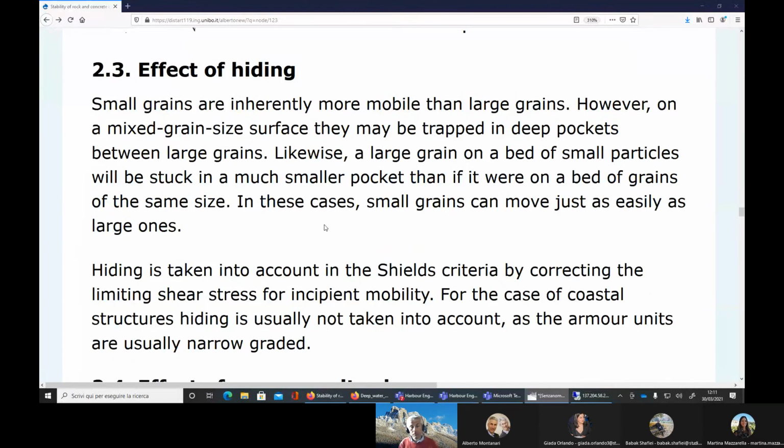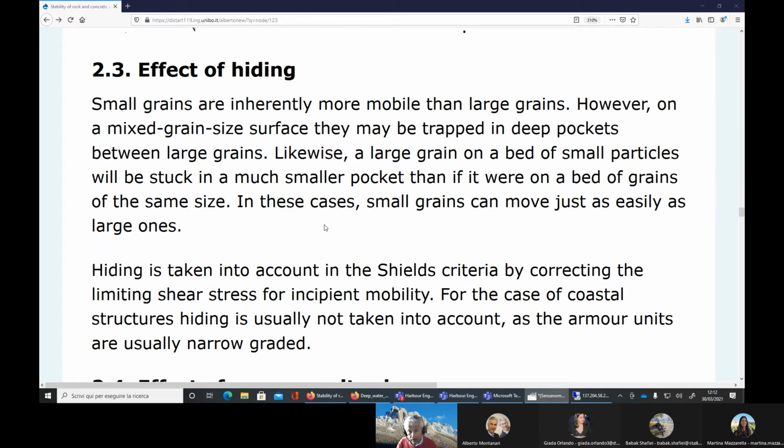So, what is hiding? Hiding is a kind of effect that you obtain when you assemble particles, units of maybe different size, and some of the units get hidden behind larger ones. Or the size may be even the same, but still, if you have a unit that is placed behind another one, you have a hiding effect.